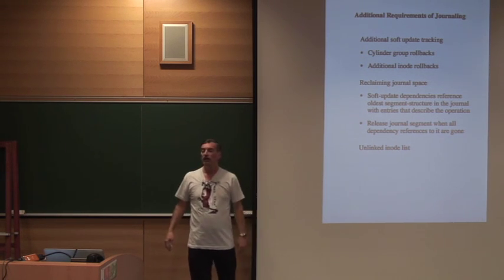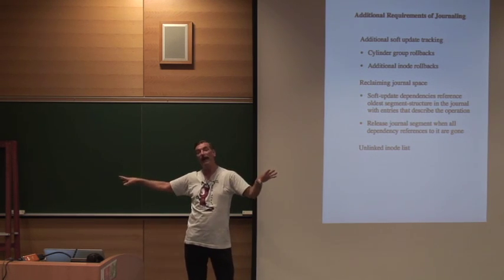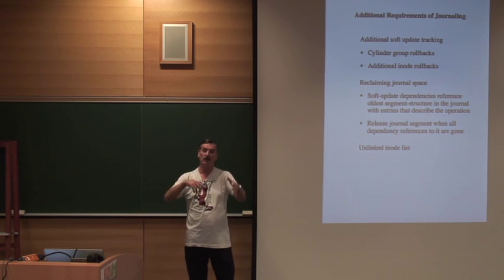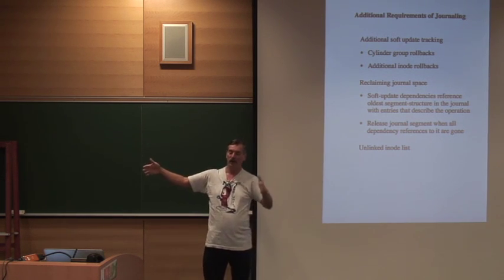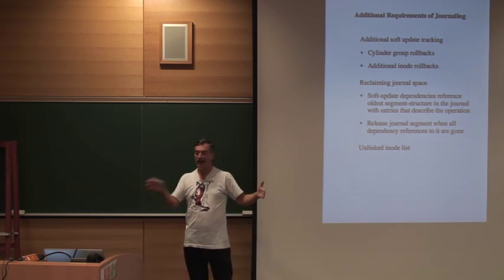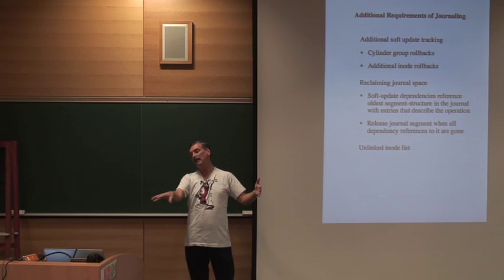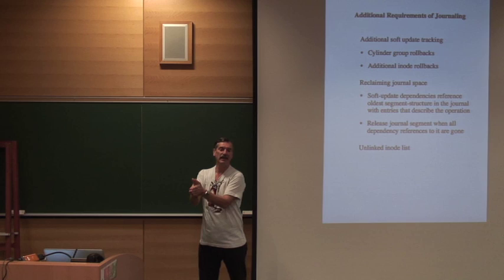And so by tracking what's the oldest one that has a reference to it, we know where the back end is. And so it turns out if we're beginning to run out of journal space, it doesn't do us any good to get rid of stuff in the middle of the journal, because the tail has to move forward in order to get any new space.